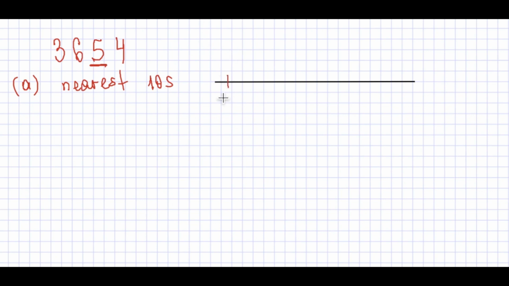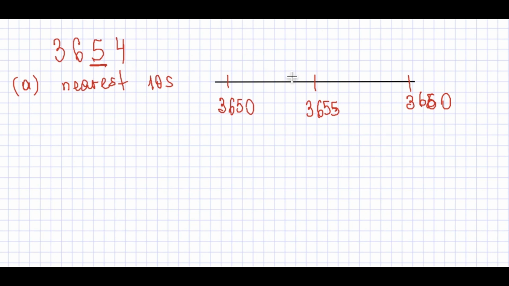I will write it here. It is 3,650 and 3,660. So the number halfway between is 3,655. Okay, we have 54.